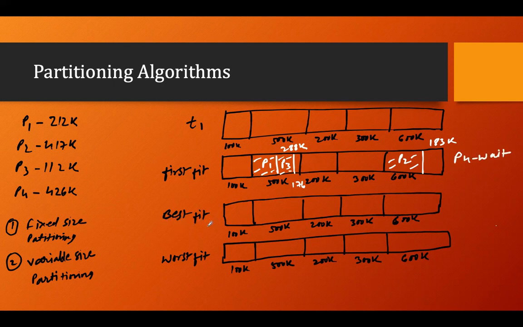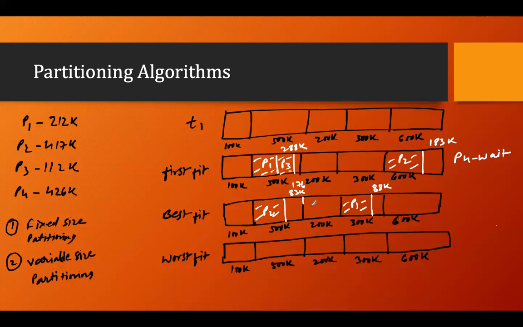And the next one is the best fit. We'll find the best. For 212, we can accommodate here. So it will be P1, and from 300, 88K is left. For 417, we can accommodate here. This is P2. The leftover would be 83. Then we have 112.